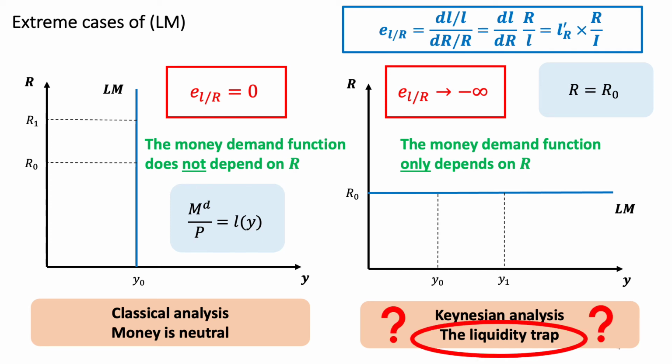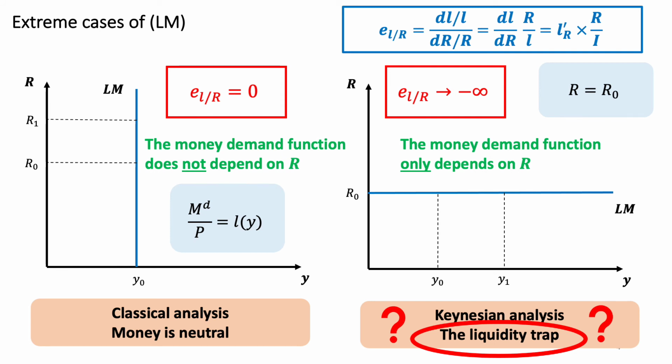So, what is a liquidity trap? It is a situation in which the interest rate is very low, so low that agents consider it cannot go any lower. Because it cannot go any lower, the price of bonds is maximal, and agents sell their bonds. Remember from last year, the prices of bonds are negatively correlated to the interest rate.